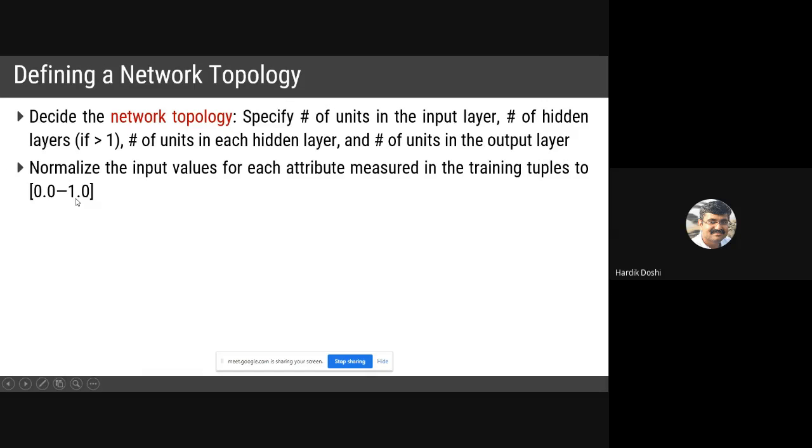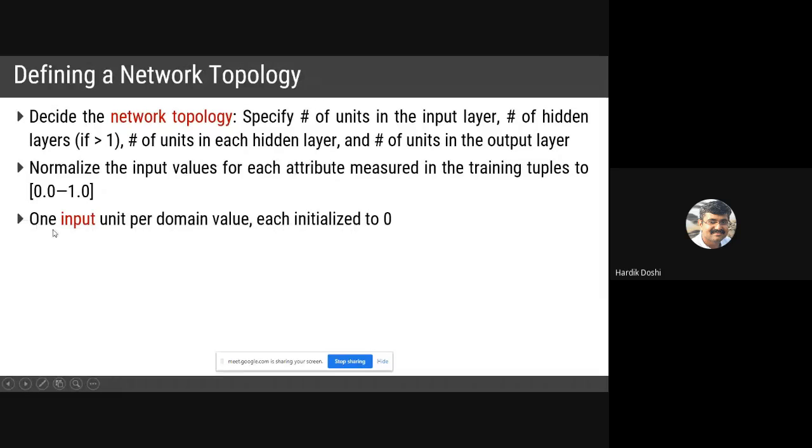I need to normalize the input values. Say, age equals youth is one value, age equals middle age is the second value, and age equals senior is the third value. I need to represent all these three attribute values between 0 and 1. That I need to define when the training tuples are measured.